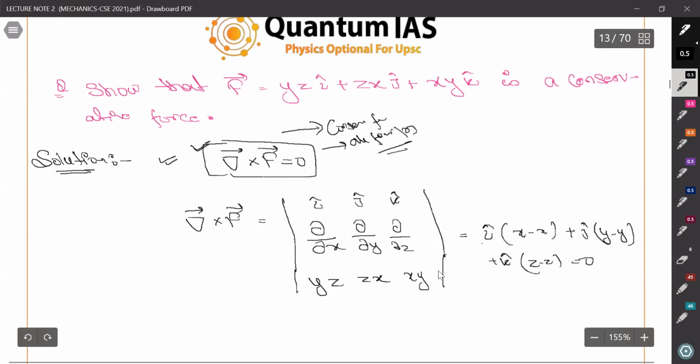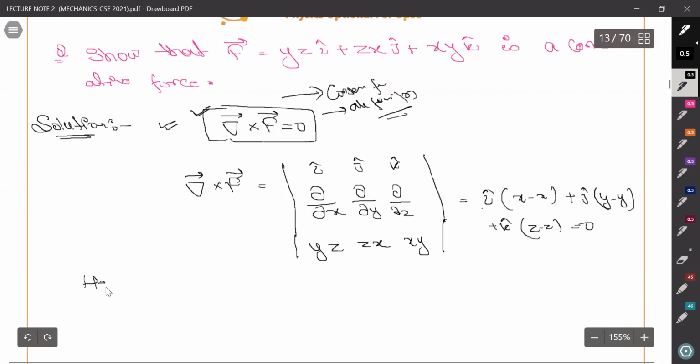And then you also have to write, hence F is a conservative force in nature. Right? So these things you have to write down in your answer. Also, we will discuss it later in our answer writing session. Okay, so next, move on to the next question.